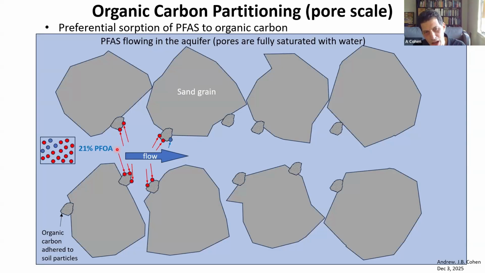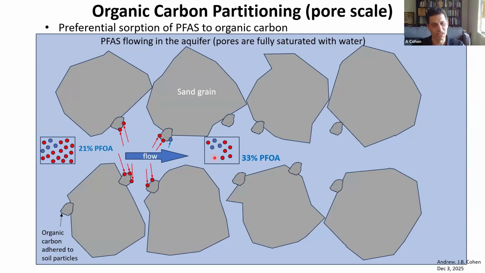As that water migrates to the right, some of those PFOA particles are sorbed onto organic carbon, and some of the PFOS are sorbed. But the PFOS, the red, are preferentially sorbed, right? They just have more affinity to the organic carbon. So by the time we look at the packet of water here, now it only contains 33% PFOA.